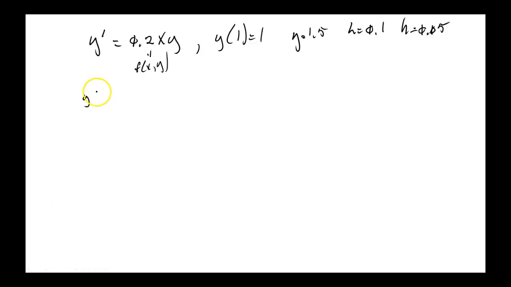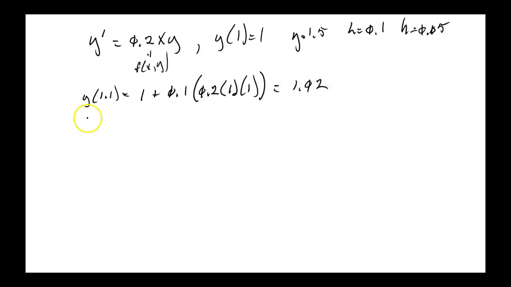So y of 1.1 will be 1 plus 0.1 times 0.2 times 1 times 1. I can do this one in my head. 0.2 times 0.1 is 0.02, so that's 1.02.